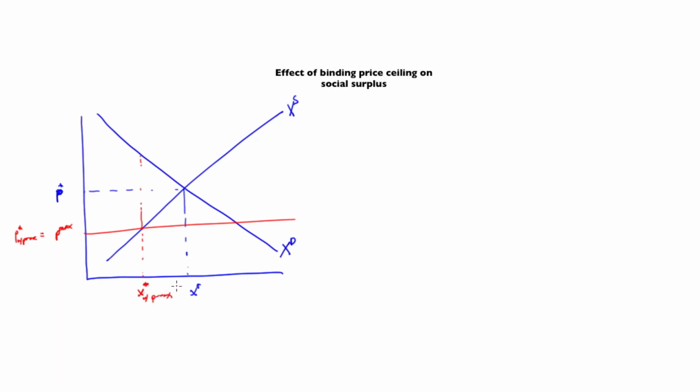And of course, we're going to assume the efficient rationing rule. Let me label these areas as follows: A, B, C, D, E, and F.